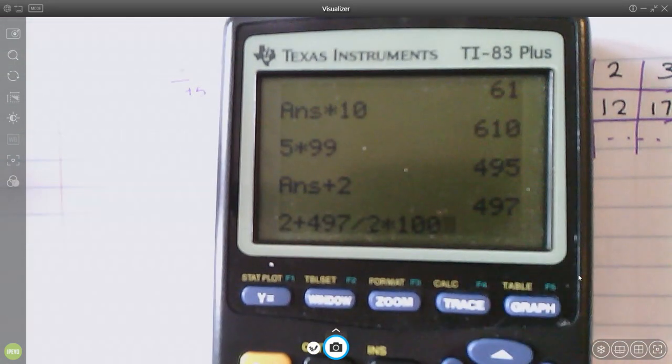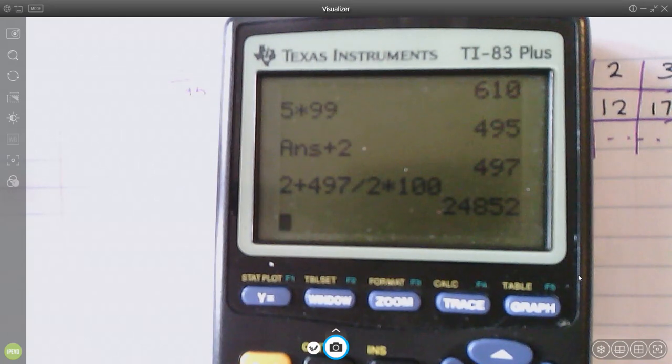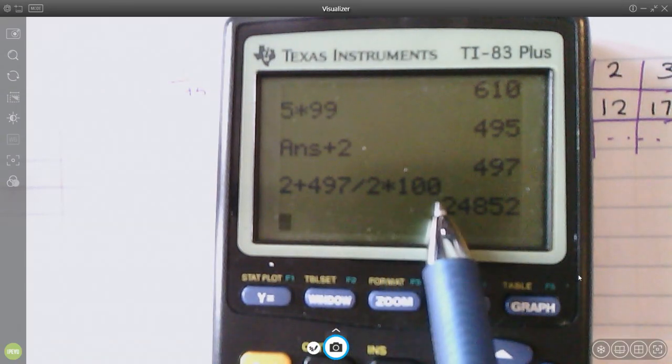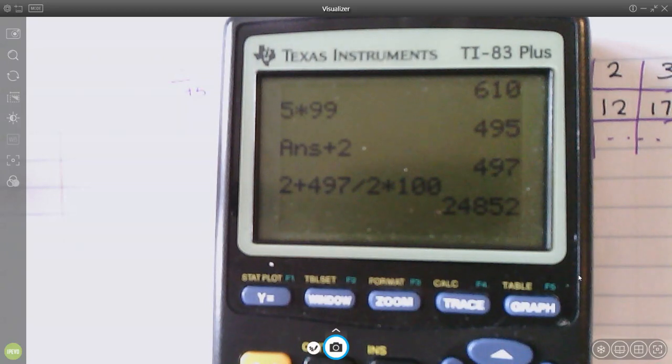If you type it in like this, you get 24,852. What's happening is it is doing your order of operations. It's doing 497 divided by 2 times 100 first, and then it's adding 2 to it. So make sure you put parentheses and do 2 plus 497, end parentheses, divided by 2 and then times 100.